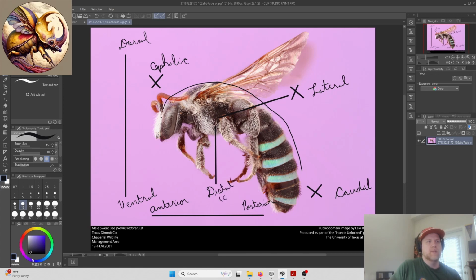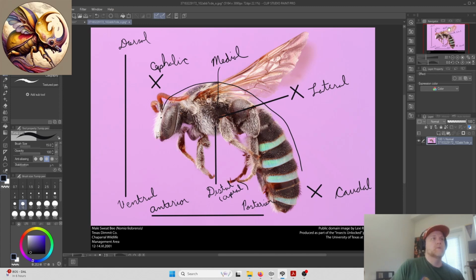Sometimes this is also called apical. And then towards this middle line, this is called medial. So that's the basic direction if we're looking at something like this wasp from the side.